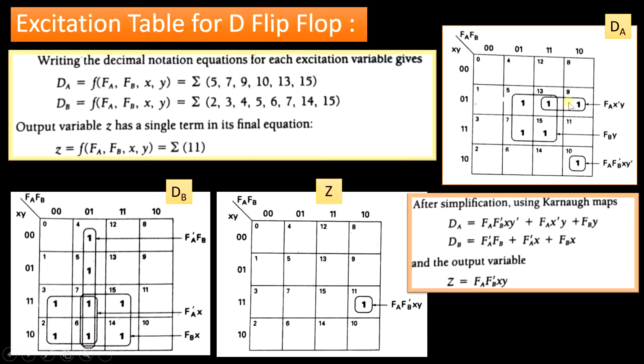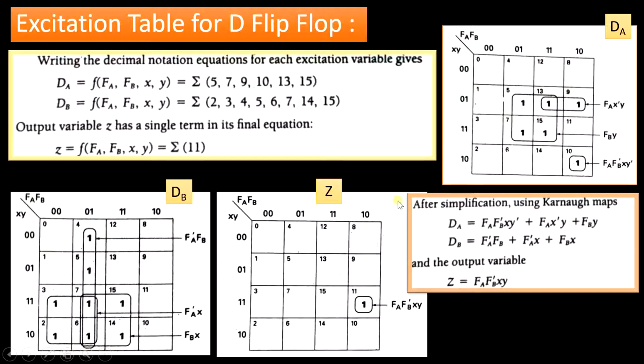So after mapping the minterms, I need to group them, and on grouping I get the various expressions for the flip-flops DA, DB and Z. So I get the expression as DA equal to FA FB dash XY dash plus FA X dash Y plus FBY, and DB equal to FA dash FB plus FA dash X plus FBX, and the output variable is just one particular term corresponding to decimal notation 11, that is Z equal to FA FB dash XY.